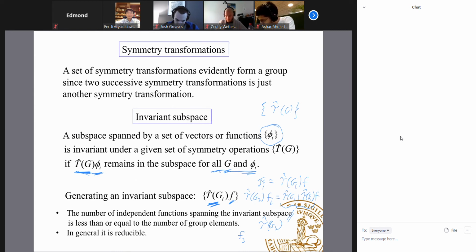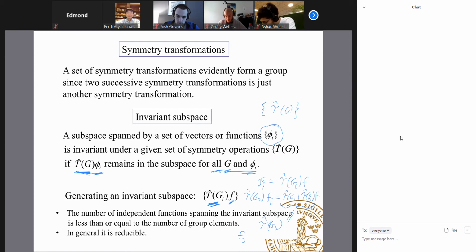Generally, the number of independent functions that span this invariant subspace is less than or equal to the number of group elements.